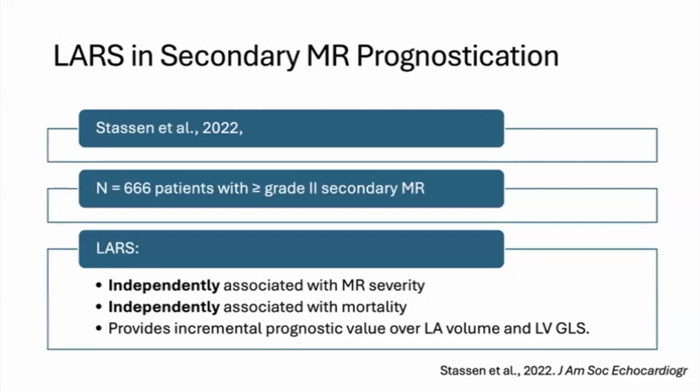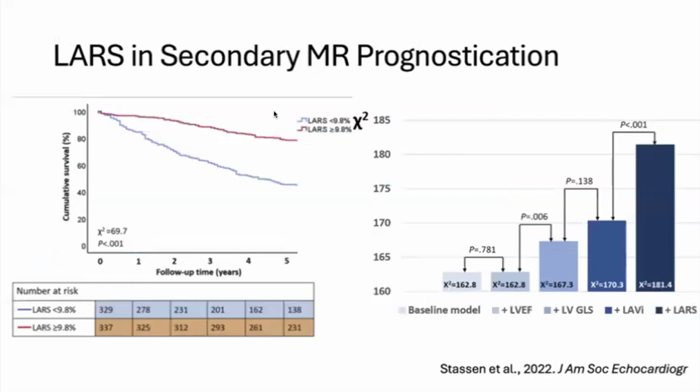So just to highlight that again, you can see here in this particular study, they used a left atrial reservoir strain cutoff of just under 10%. And you can see that those that did have this decreased strain had significantly decreased survival over a matter of even just a couple of years.